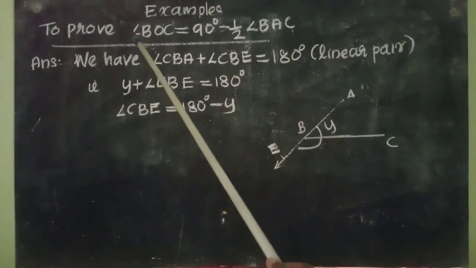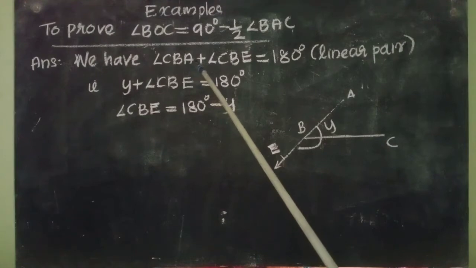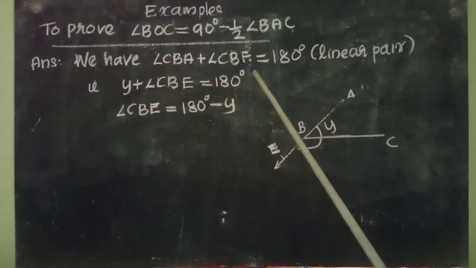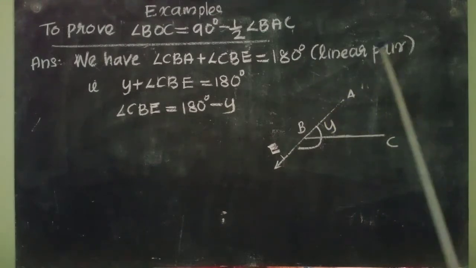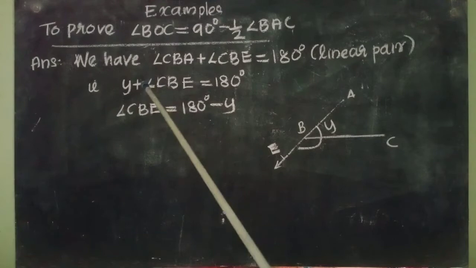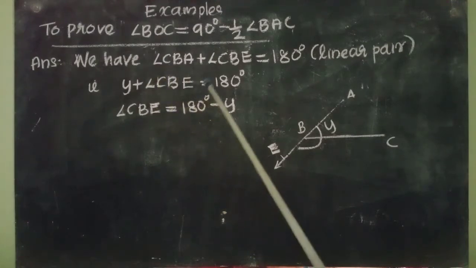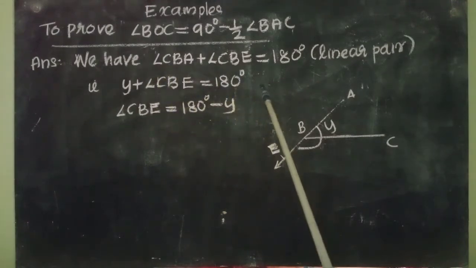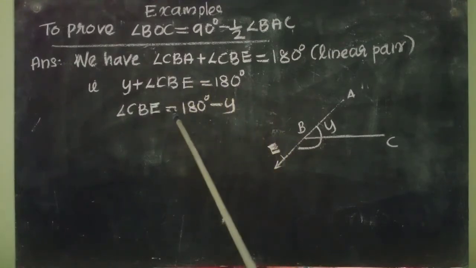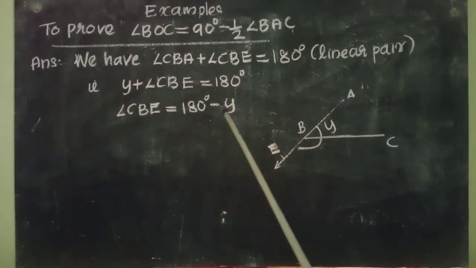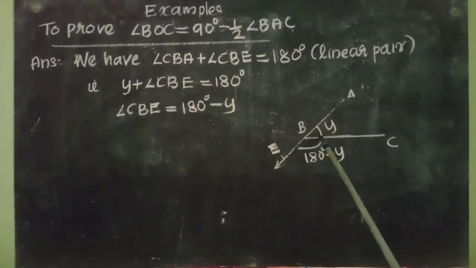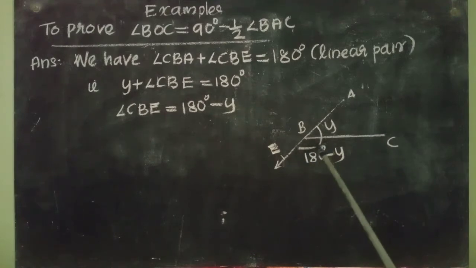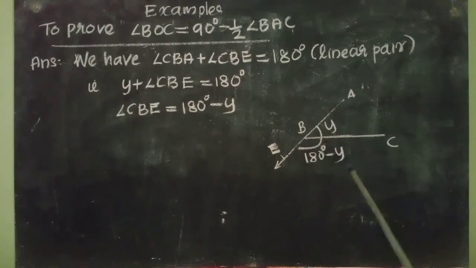So let us write: angle CBA plus angle CBE equals 180 degrees, linear pair. That is Y plus angle CBE equals 180 degrees. Angle CBE equals 180 degrees minus Y. So in this figure I have marked this angle CBE equals 180 degrees minus Y.